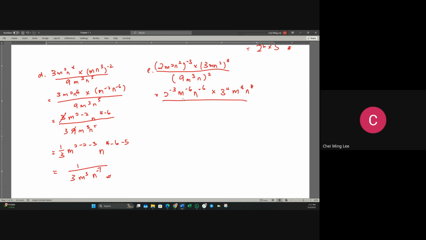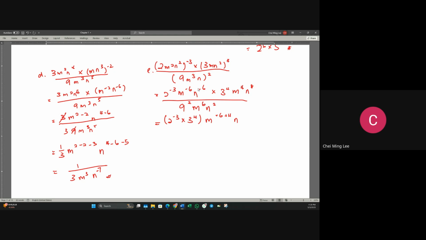Okay, then divide by 9 squared, then m to the power of 6, 3 times 2, and then n to the power of 2, because only 1. So from here, we took out 2 to the power of -3 times 3 to the power of 4. Then m is -6 plus 4.